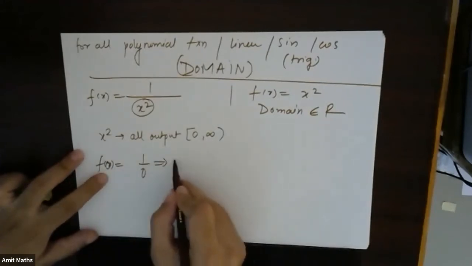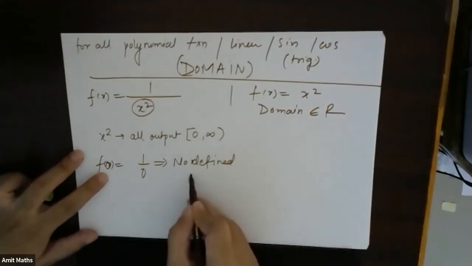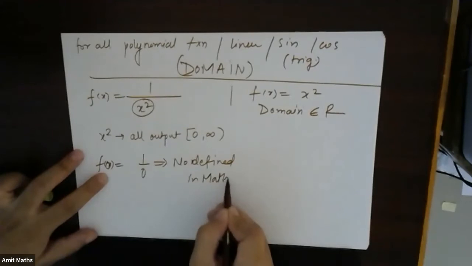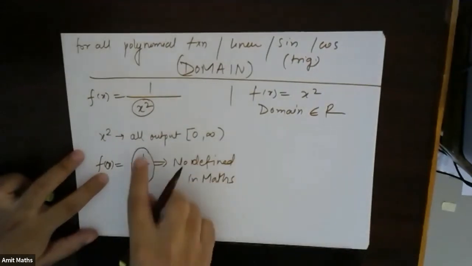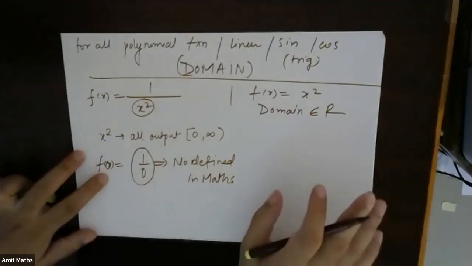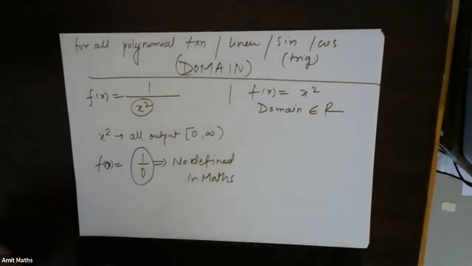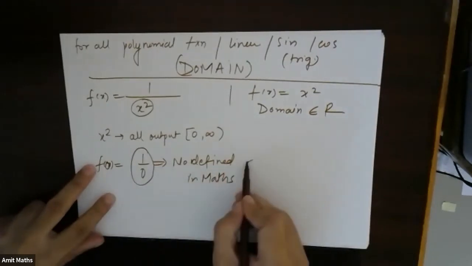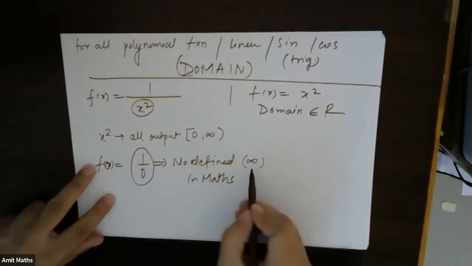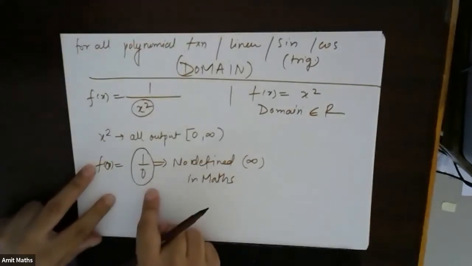Now this is not defined in maths. We actually do not know what happens when we have 1 by 0. This is not infinity. It is represented as infinity, but that is just a notation so that I do not have to write not defined every time. Infinity in some cases means that this is not defined.